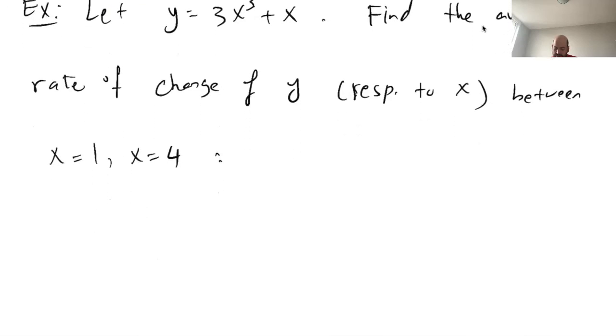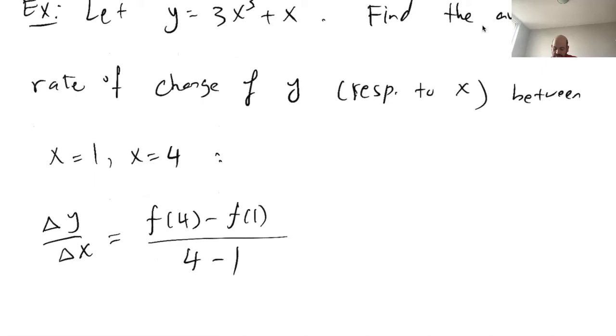So that's going to be delta y over delta x, which is going to be f of 4 minus f of 1 divided by 4 minus 1.